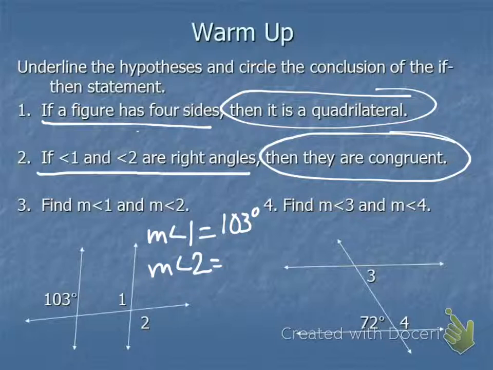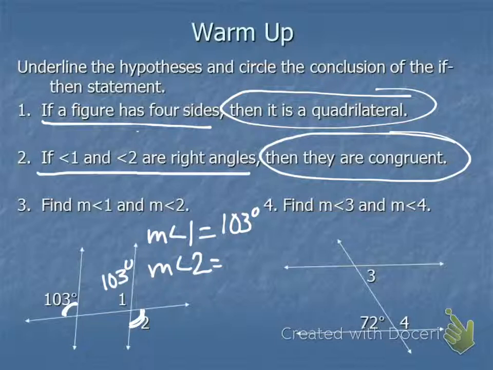Now, once you know that angle 1 is 103 degrees, you can actually find the measure of angle 2 in 2 different ways. Does anyone know one of the ways? Well, let's focus on the angle we were given. This guy and this guy are what type of angles?